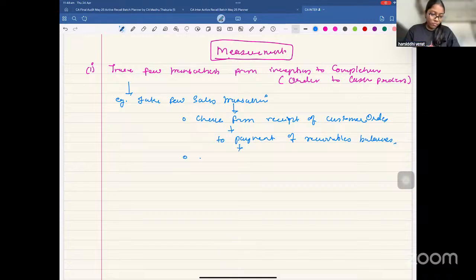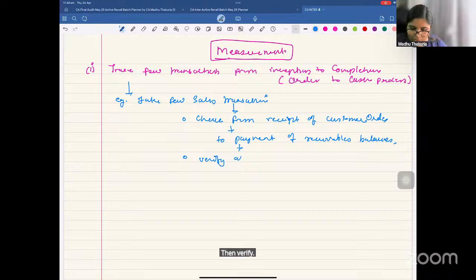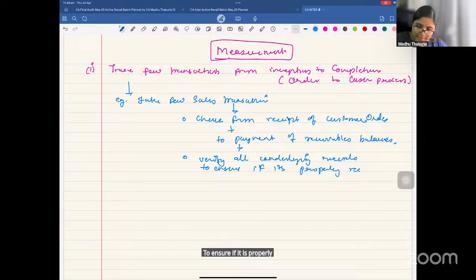Then verify all underlying records to ensure it is properly recorded at every stage.